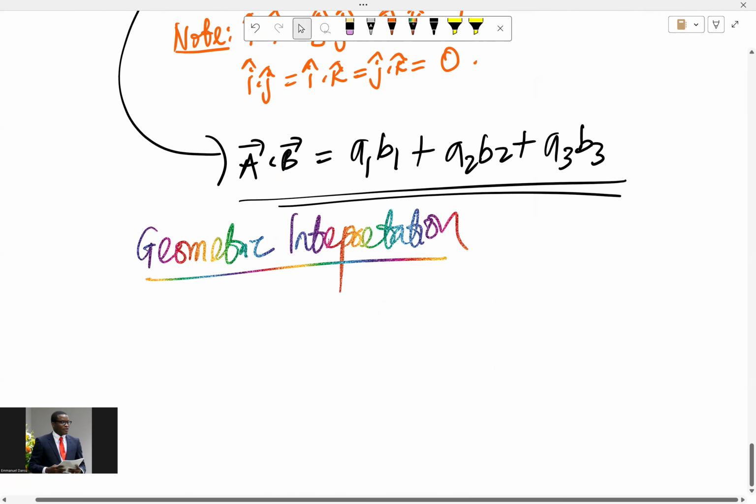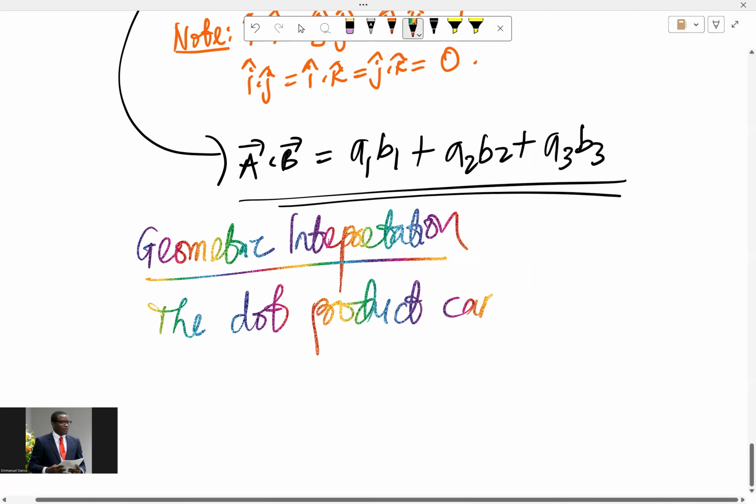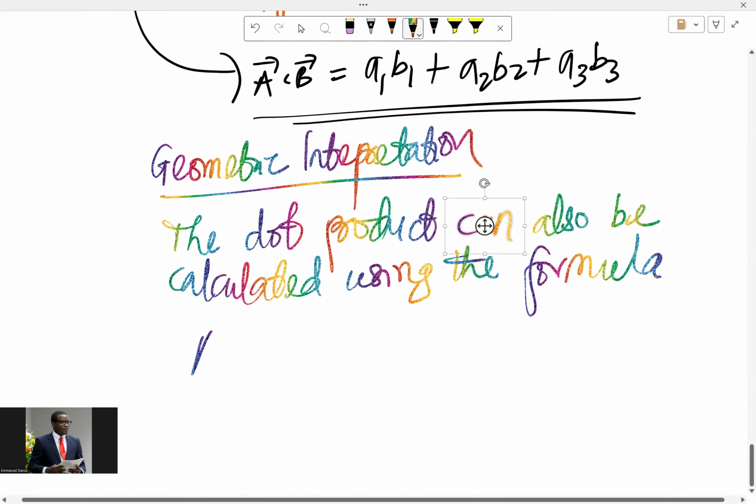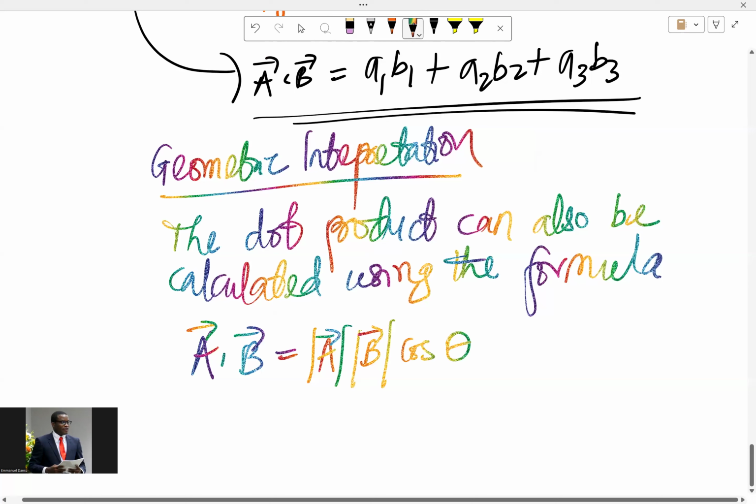The dot product can also be calculated using the formula A dot B is equal to the absolute value of A multiplied by the absolute value of B times the cosine of the angle between them.